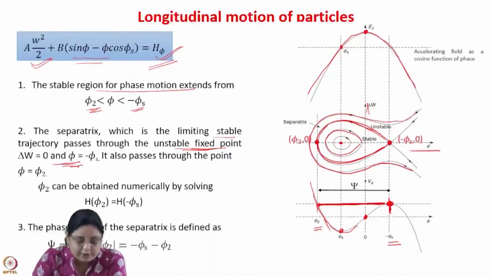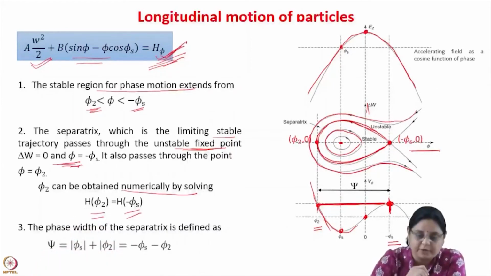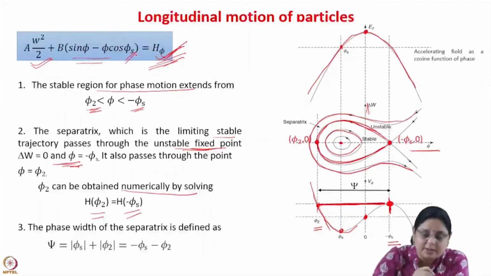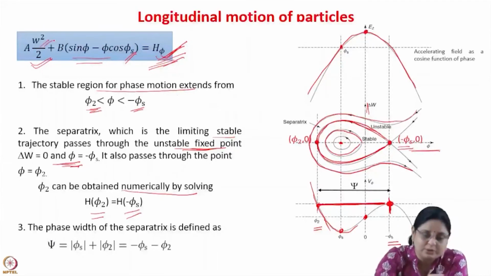This phi 2 can be obtained numerically by solving the equation h of phi 2 is equal to h of minus phi s. Since this equation is satisfied for the separatrix, we can find the value of h of phi by putting in the value of minus phi s here. At minus phi s, delta w is equal to 0, so we can find the value of h of phi.